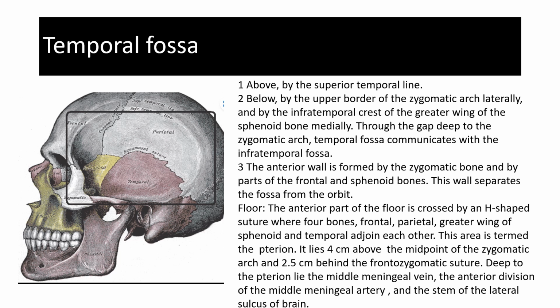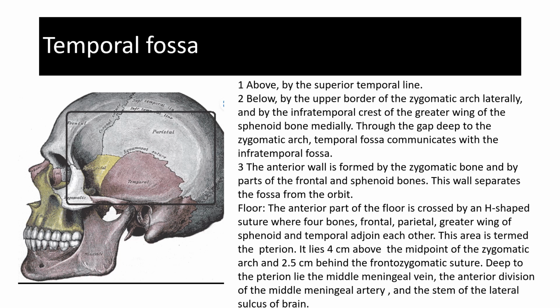And the last part of this topic is the floor of the temporal fossa. First of all, the anterior part of the floor is crossed by an H-shaped suture where four bones, which four bones? Frontal, parietal, greater wing of the sphenoid, and the temporal bone adjoin each other, and this area is termed pterion.